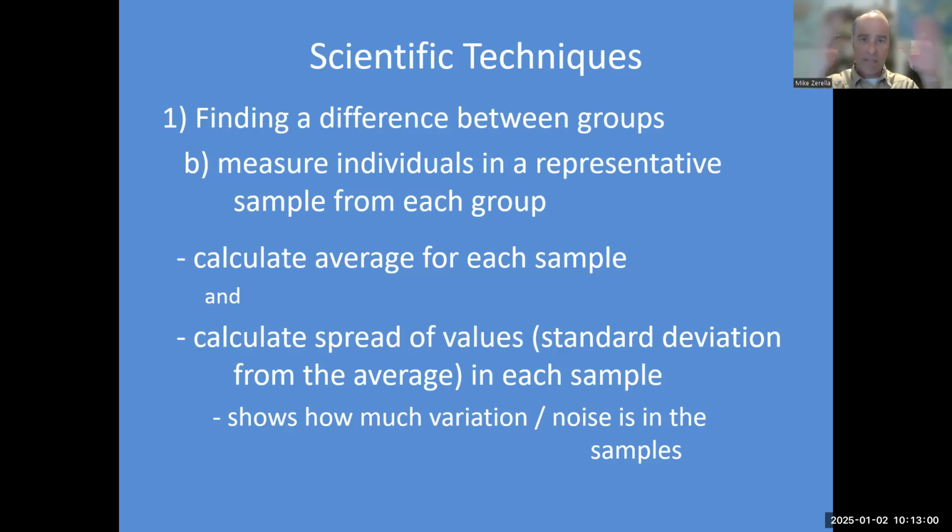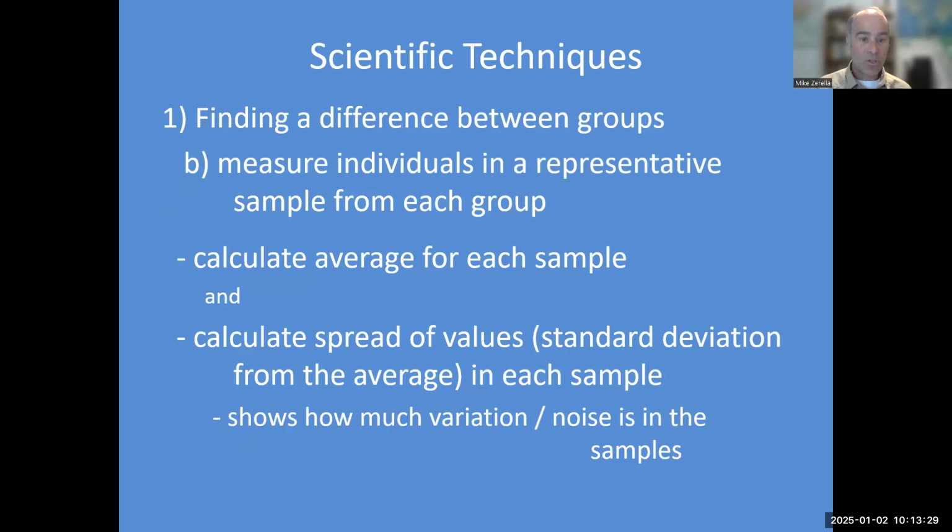Even if you get a difference in the averages for the representative samples that you've collected for each group, it could be that you got kind of a false sense of exactly how much difference is there. If there's a huge amount of diversity in the groups, then you might have just happened to pick individuals that have, say, longer tail lengths from group A and somewhat shorter tail lengths from group B without you realizing that that's what you did.